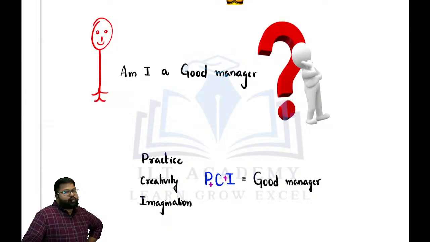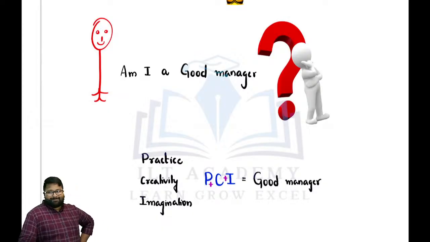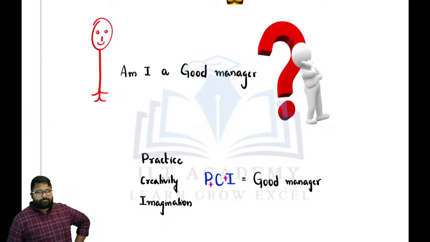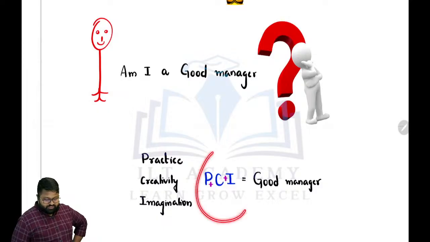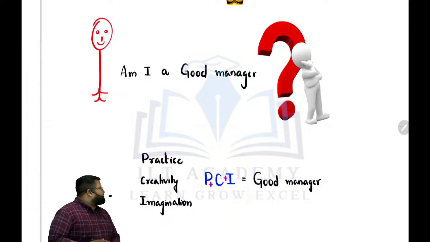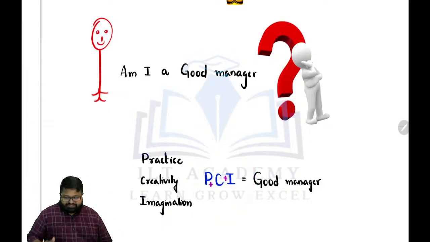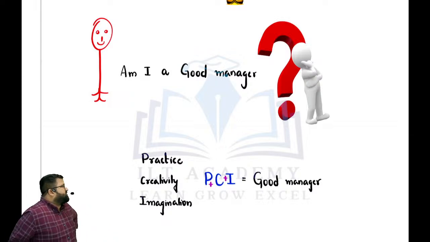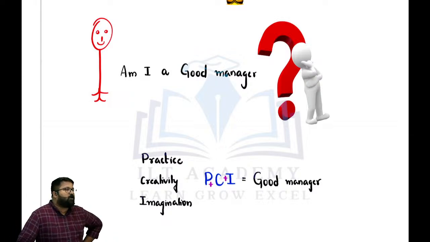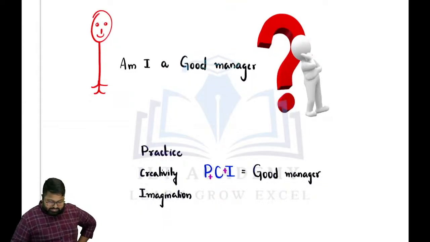The more creative you are, the more successful a manager you will be. What are those three things, ma? Practice, creativity, plus imagination. If these three things form part of you, you will be a good manager. Okay, done.